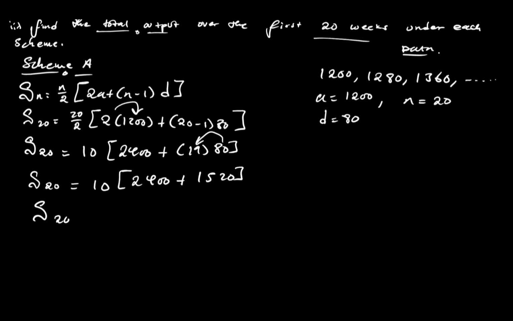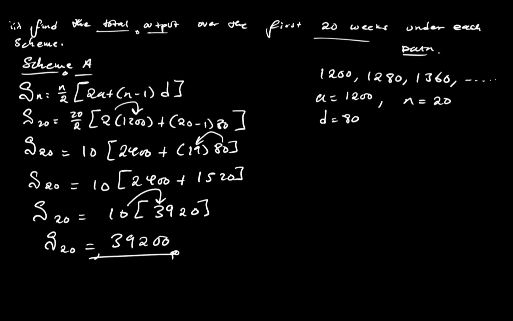So if we sum this up, 2,400 plus 1,520 is 3,920. I was a bit too fast, solving in my head. So the sum in 20 weeks will give us 10 times 3,920, which is 39,200. That's the number I was really looking to say.